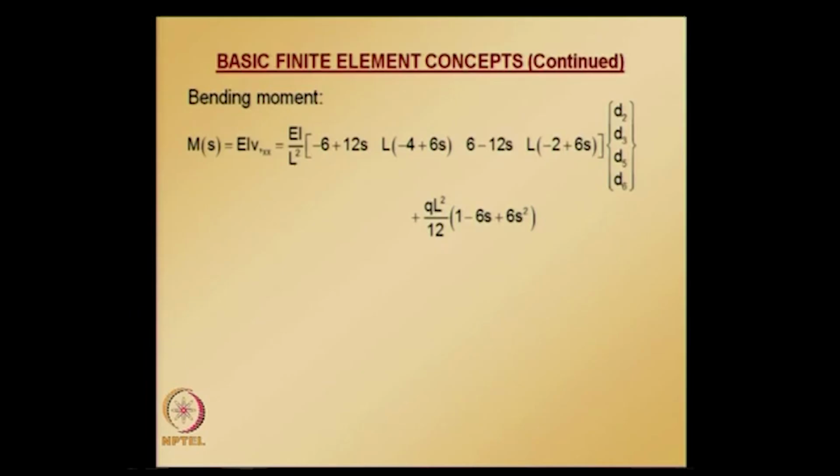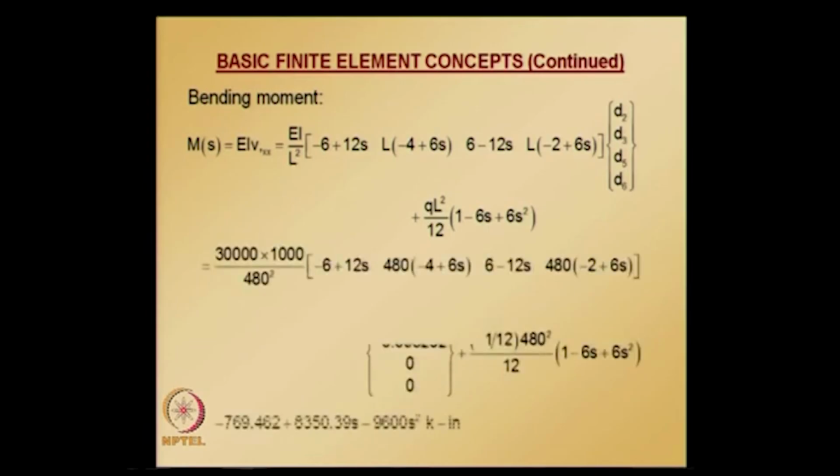Again the first term is coming from finite element interpolation and the second term is coming from fixed end correction. Substituting the numerical values, we get the bending moment expression, in which we can substitute S is equal to 0 and S is equal to 1 to get the bending moment at node 2 and node 3 respectively.